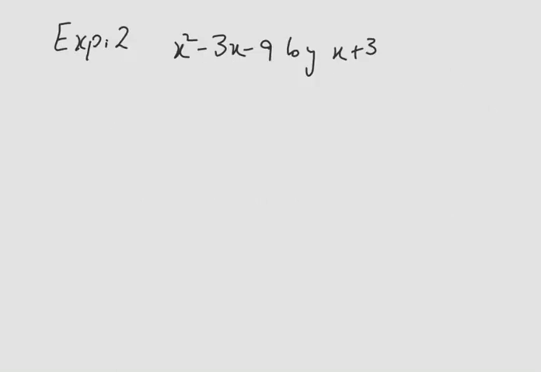Here is another example, x square minus 3x minus 9 by x plus 3. It means that x plus 3 is multiplied by x square minus 3x minus 9. So how are we going to multiply it?